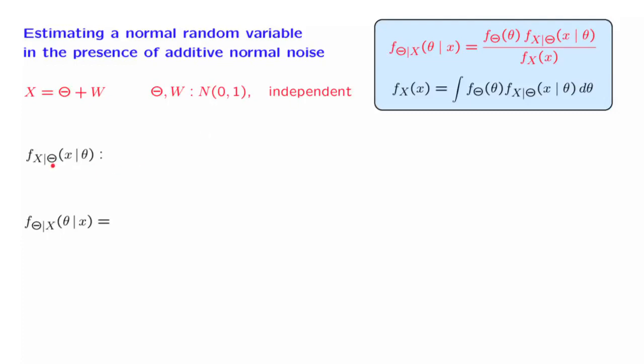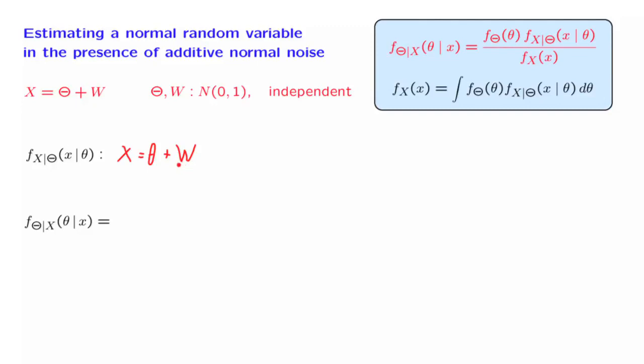If I tell you that the random variable capital theta takes on a specific value little theta, then in that conditional universe, our observation is going to be that specific value of theta, which is our little theta, plus the noise term capital W. This is the relation that holds in the conditional universe where we are told the value of theta.